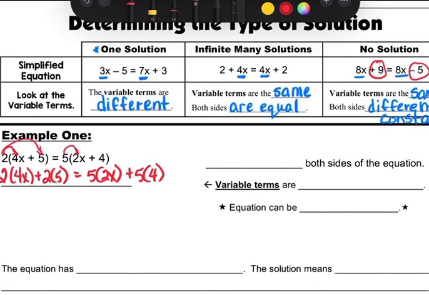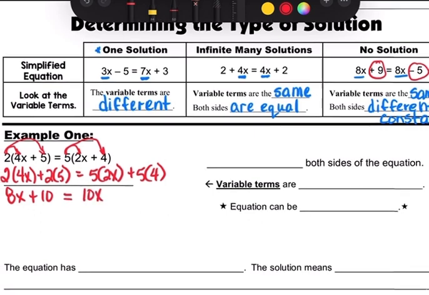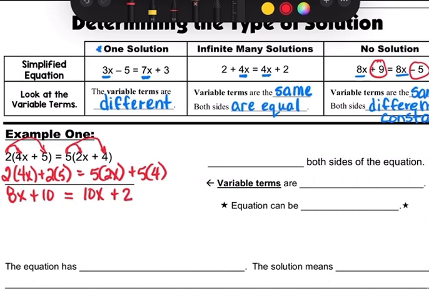So we distribute, we're multiplying 2 times 4x plus 2 times 5 equals 5 times 2x plus 5 times 4. That's showing that we applied the distributive property. Once we simplify, we have 8x plus 10 equals 10x plus 20.